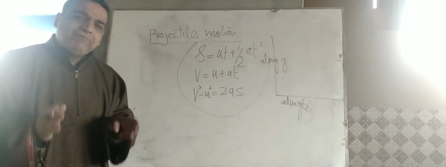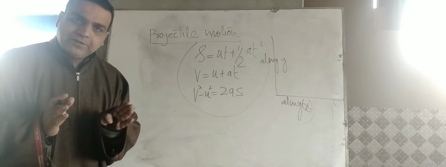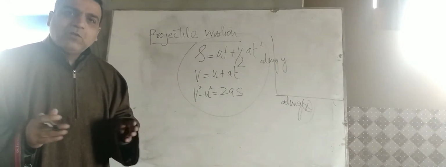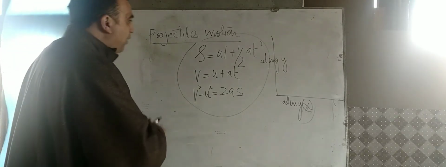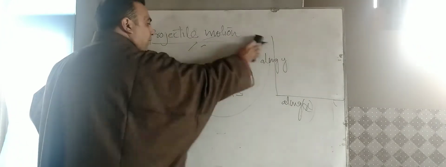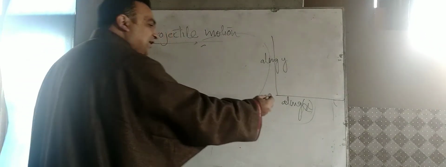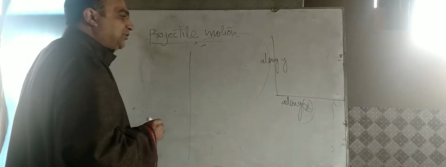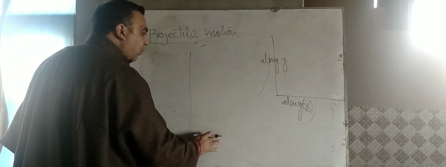That means if we discuss one-dimensional motion in two directions, we are discussing two-dimensional motion. Now, for the sake of argument, the same set of equations we can write along x and we can write along y.